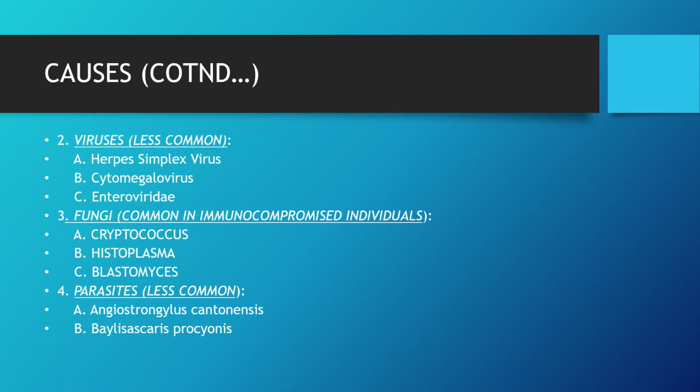It is through these three routes that these organisms can enter the brain, pass through the blood-brain barrier, and come into contact with and infect the meninges.